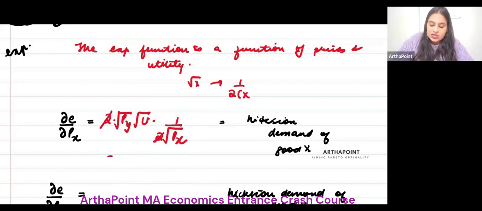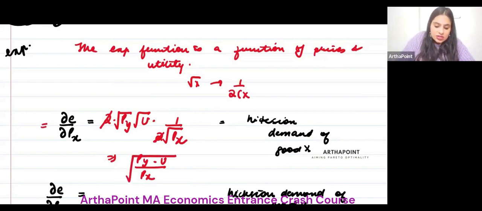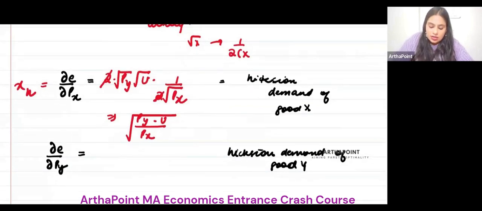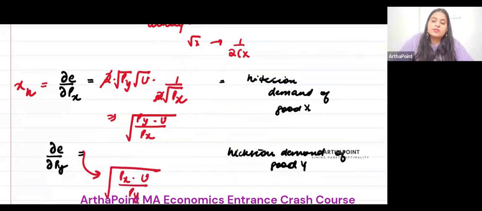So if I just cancel this, I will get py into u by px under root. This is called Hicksian demand of good x. Similarly, when you will differentiate with respect to y, you will get px u by py under root. This is called Hicksian demand of good y.